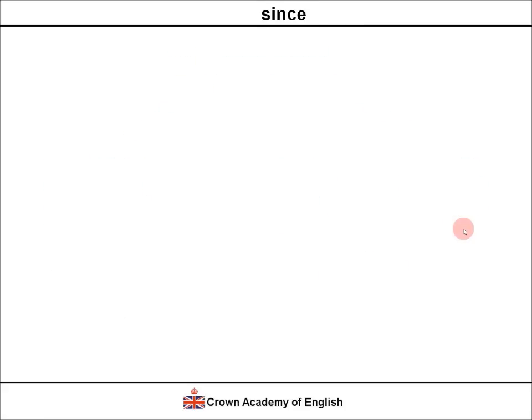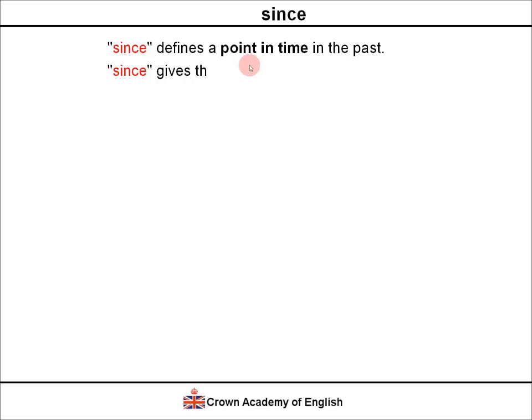Now let's look at since. Since defines a point in time in the past. A point in time in the past. So this is different. This is a specific moment in time. Since in fact, gives us the starting point. It defines when things started.